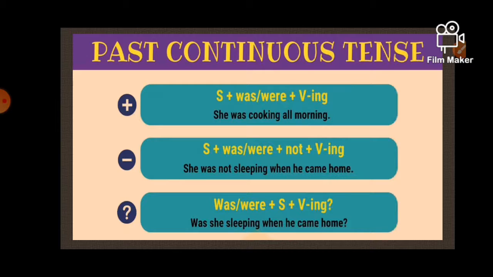Okay. So guys, here are three structures of past continuous tense under the context of three forms of tenses, like positive, meaning affirmative or assertive, negative and interrogative. So the positive formula or structure is subject plus was or were. According to the subject, we use was or were plus V1 ing. Here V1 is not written because it is understood that we always use ing with V1, and V1 ing is called present participle.